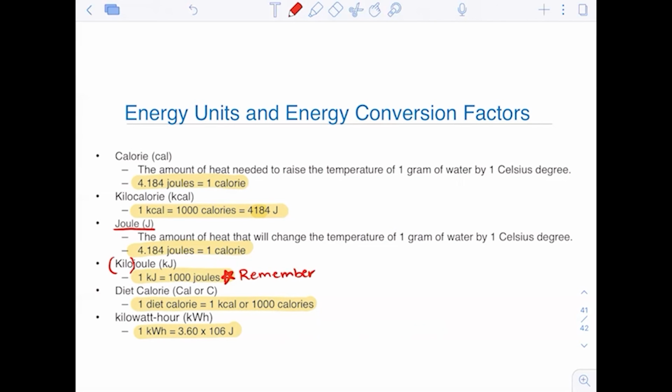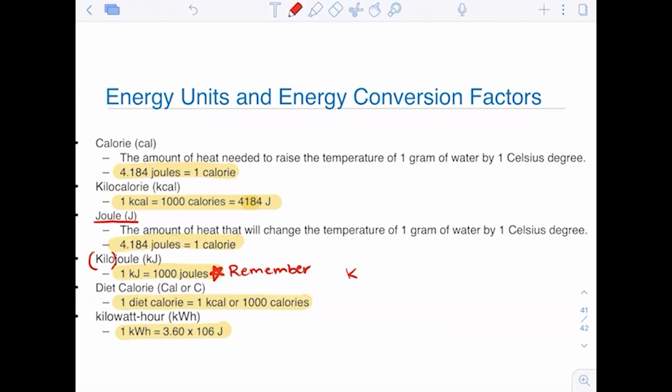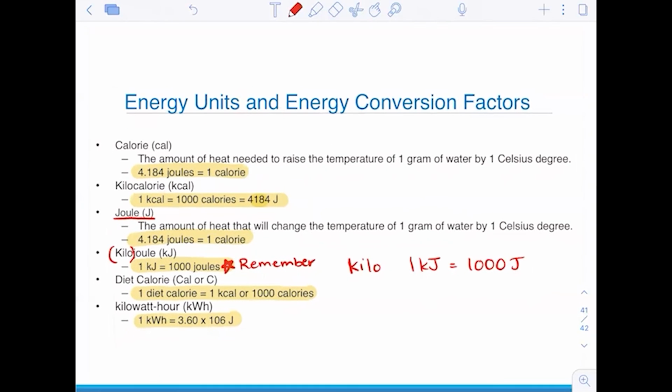Kilo as our prefix multiplier: 1 kilo, and we'll just use joule, is equal to 1,000. It's that 1 to 1,000. And so if you have to review those, go back over our SI units and review our introduction video. Not required if you've taken this class before, but if you're brand new, that's why it's required in the lab.